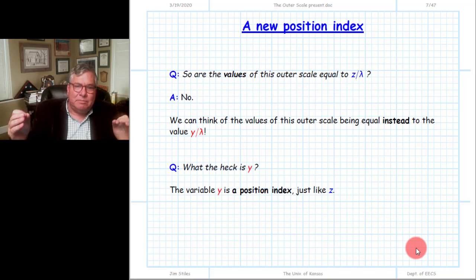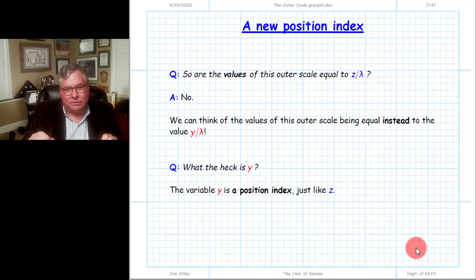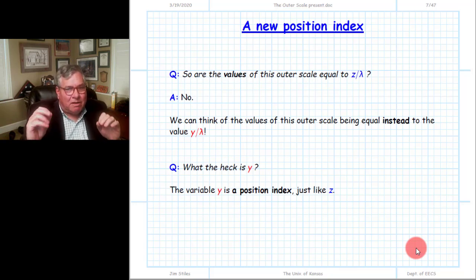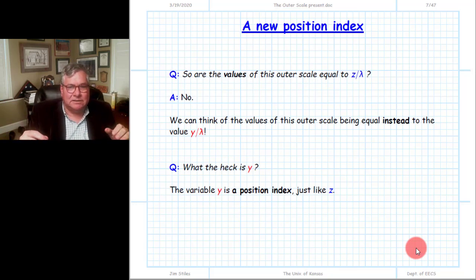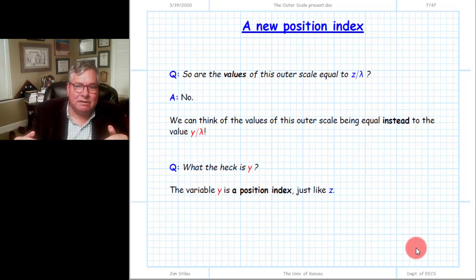And this is the important point, and why I've tried to put the pieces together to lead to this point: oftentimes students conclude that because this is a normalized distance, it is the normalized distance z divided by lambda, the index that we use to describe the location on our transmission line divided by lambda. And that is not the case.